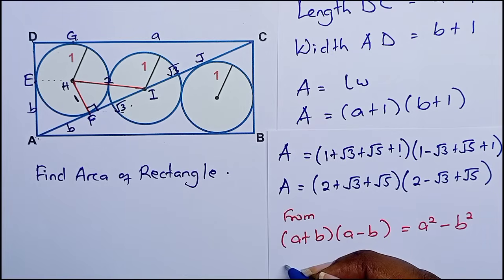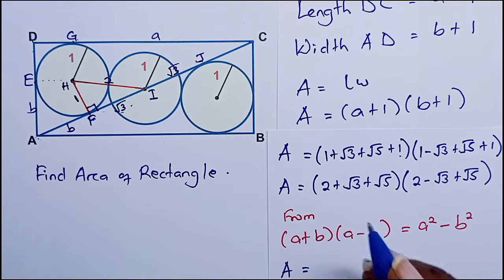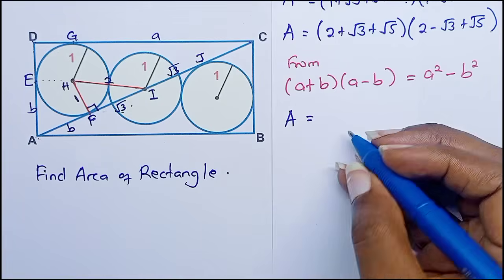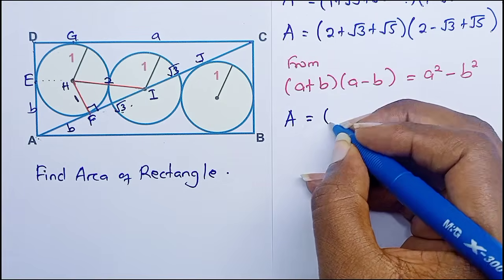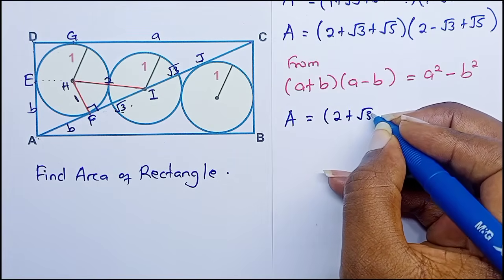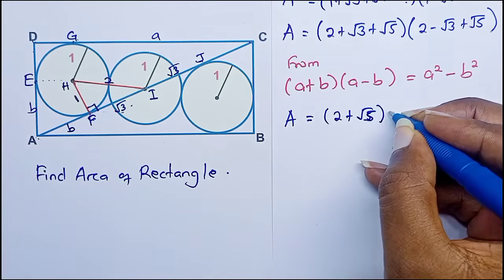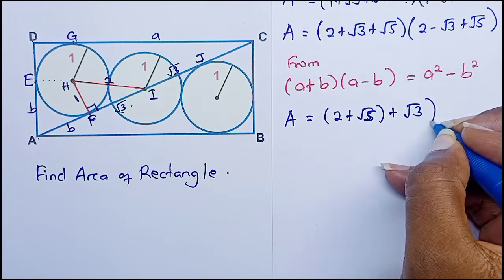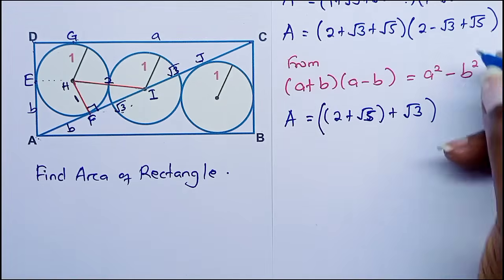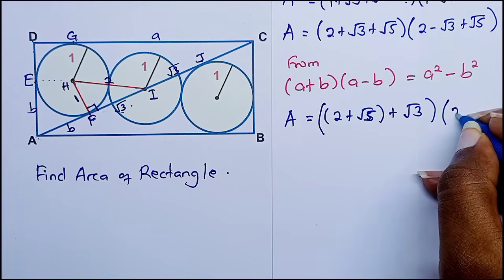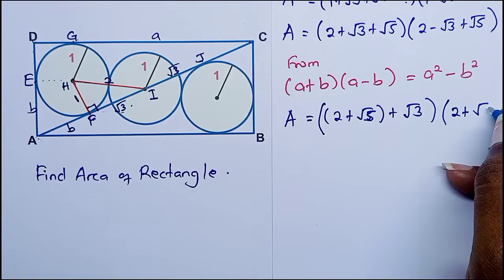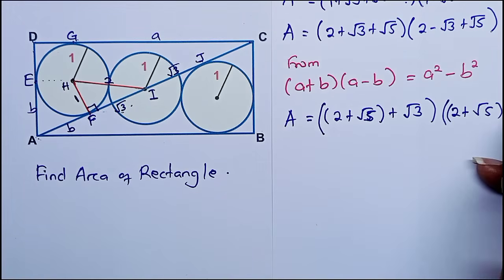So let us rearrange this so that we shall be able to get something like this. So our area A is equal to 2 plus root 5, then plus root 3, then this one 2 plus root 5 minus root 3.